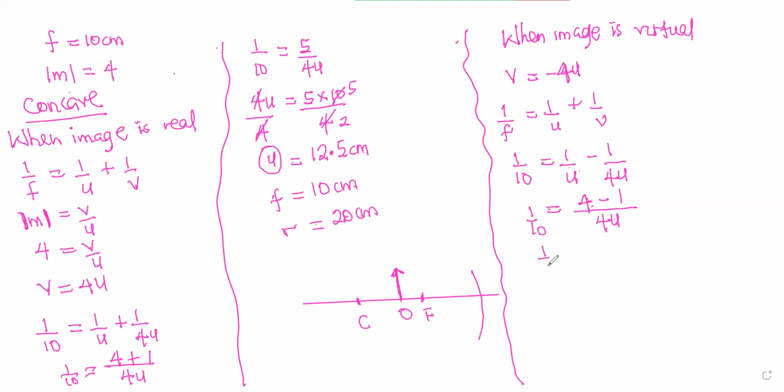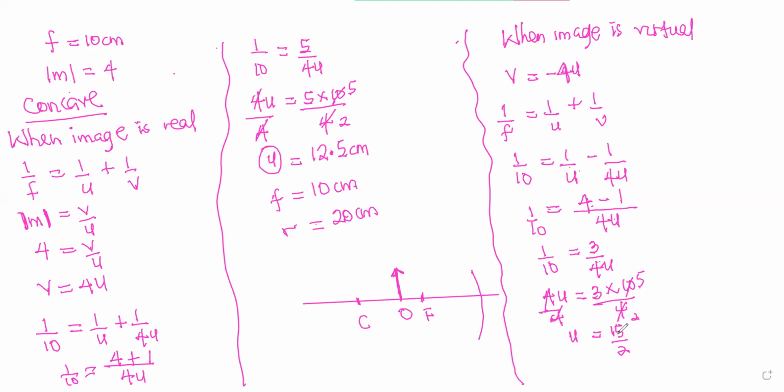We have 1 on 10 equal to 3 on 4U. 4U is equal to 3 by 10. When we divide through by 4, we still have U giving us 15 on 2. This is 2. This is 5.